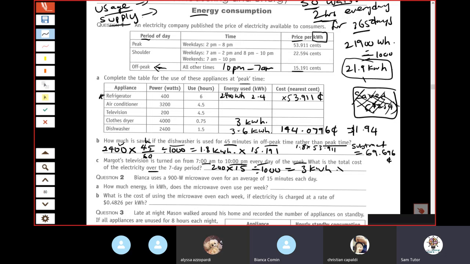I'll do it for this one, weekends, 7 a.m. to 10 p.m. So I'll just times that by 2 days. That gives me 6 times 22.594. But there's no way I'm going to fit everything into here. Plus, the other one's going to be 3 kilowatt hours.